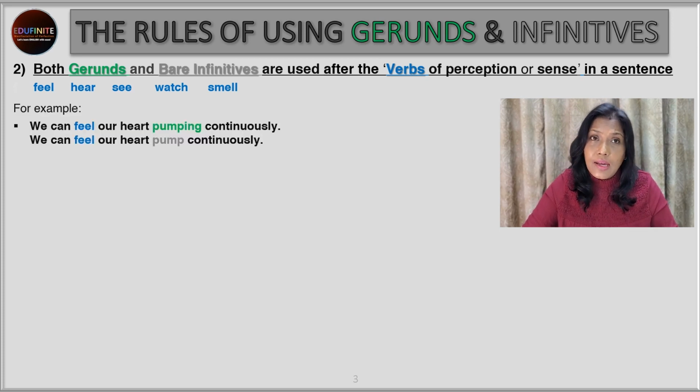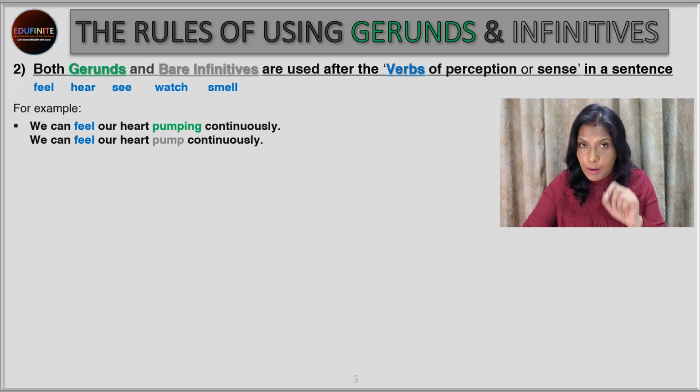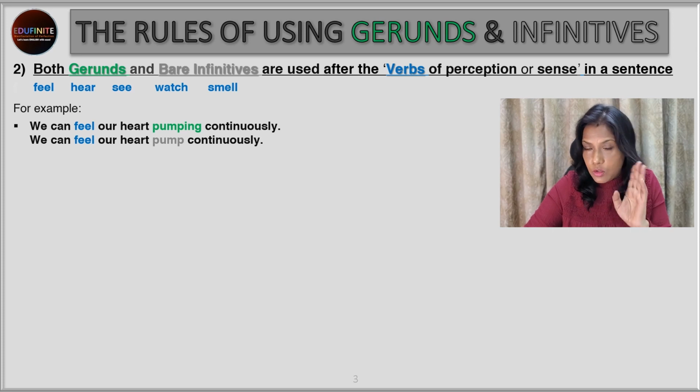So we can say, we can feel our heart pumping continuously. Or we can even say, we can feel our heart pump continuously. So what have we done? We have used pump. We have dropped the to. We did not say we can feel our heart to pump continuously. That's not applicable.